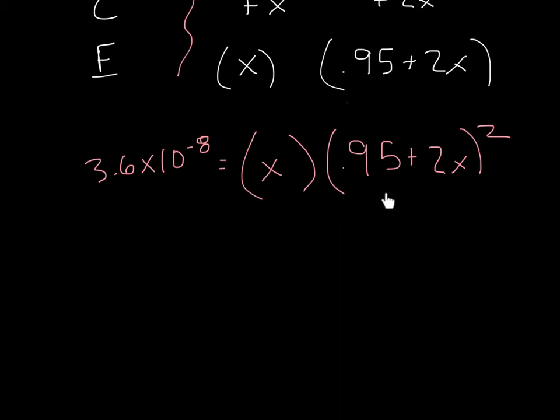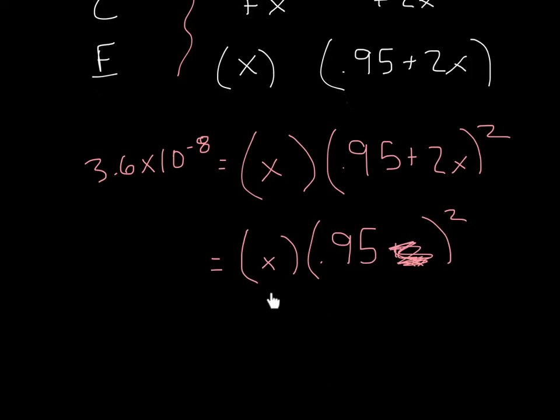And so 0.95 plus 2x, well, 2x is really small. In fact, let me write this again. I'm going to get 0 plus x times 0.95 plus 2x squared. Well, 0.95 plus a really small 2x, that's really like saying 0.95 plus a negligible number.